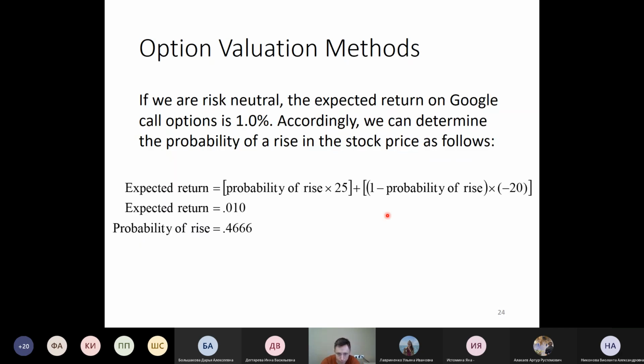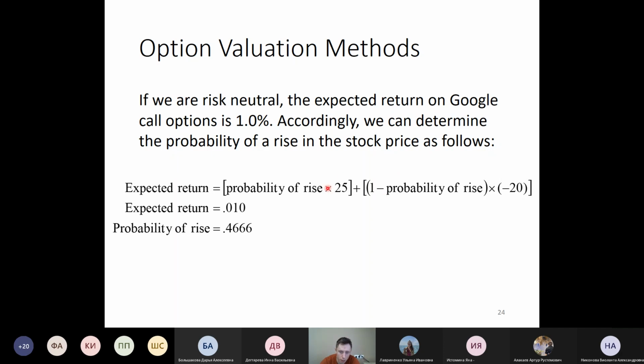Alternatively, we can build another logic here and assume this risk neutral method. This is a similar principle we considered when talking about the certainty equivalence. There we also estimated risk neutral cash flows first and then discounted them at the risk-free rate. Here we have a similar principle. We have expected return, which is the same as the interest rate.